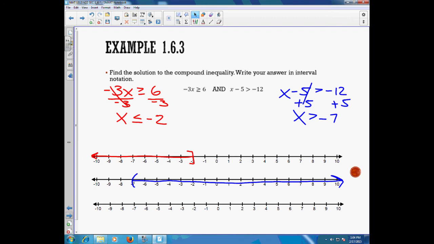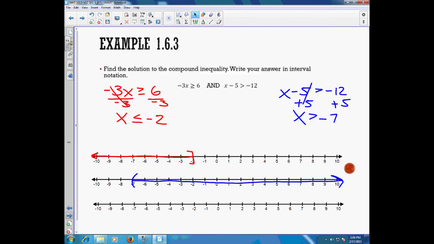Now we're going to use the third number line to determine our answer. AND problems have solutions in such a way that they have to satisfy both inequalities. So our solutions are going to be, if these two lines were written on top of each other, where would they overlap? So let's draw them both on top of each other. And the place where the lines overlap will be the solution to the compound inequality.